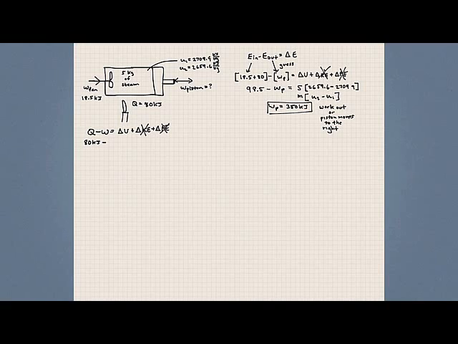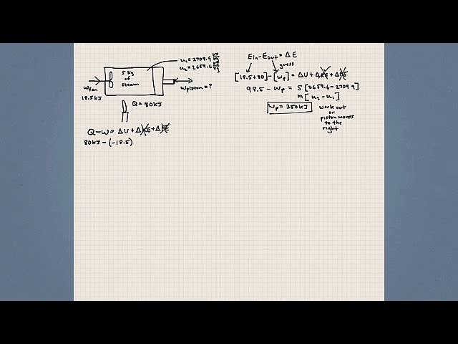So it's 80 kilojoules minus a negative 18.5 kilojoules. So keep in mind, whenever we have work done, that we are doing work to the system, we assume that that is negative.